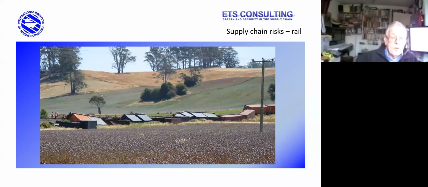And here we've got a number of, I'm looking at now the supply chain risks, the transport chain risks, and this picture shows a container train where it completely derailed and fell off the rails. The train was, I think, 8.5 kilometers long, and they lost quite a lot of them.